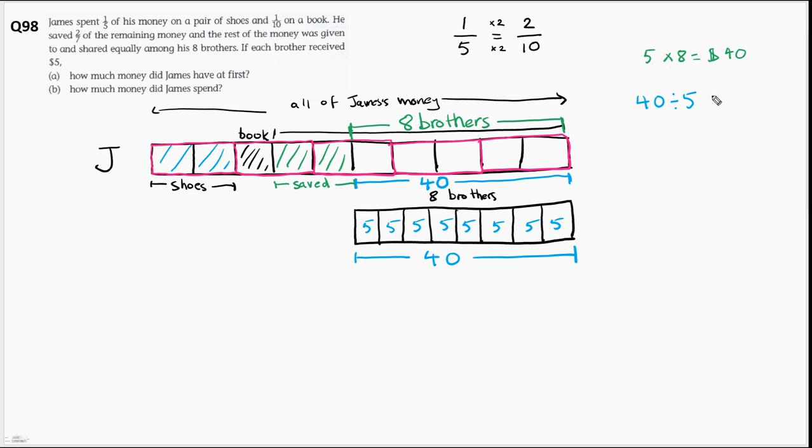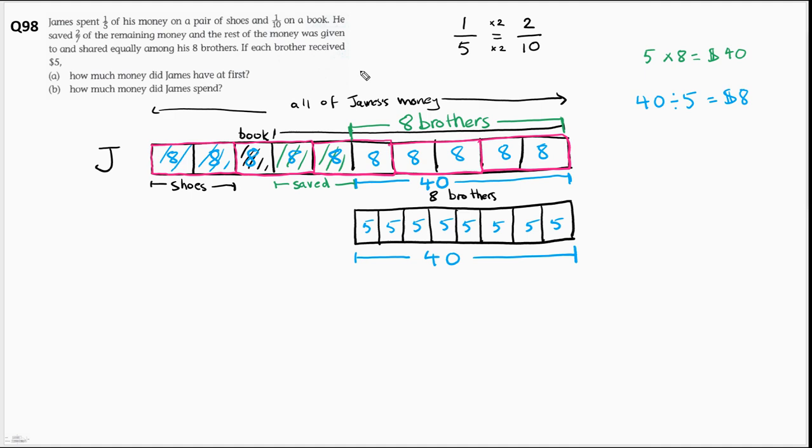So what do you think the answer is going to be? Yes, the answer is $8. So now we know each of these parts has a value of 8. And if these parts have a value of 8, then so do all of these because they all represent the same amount of money.